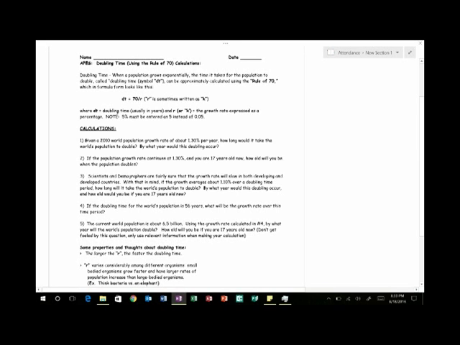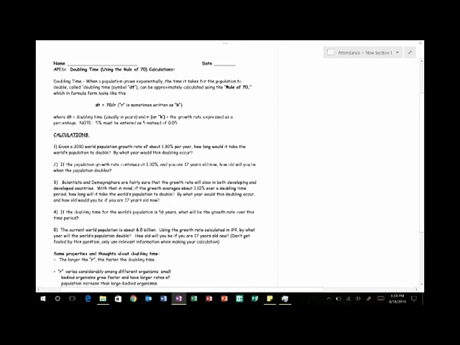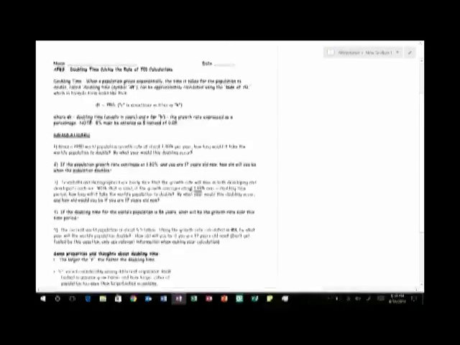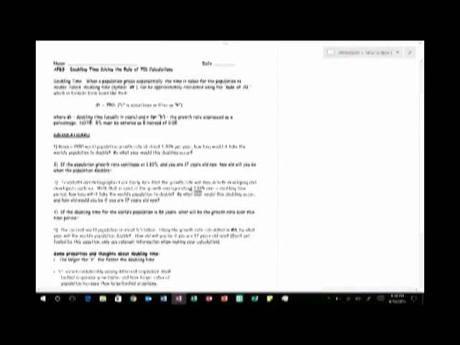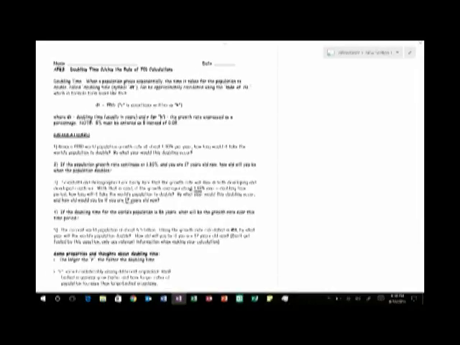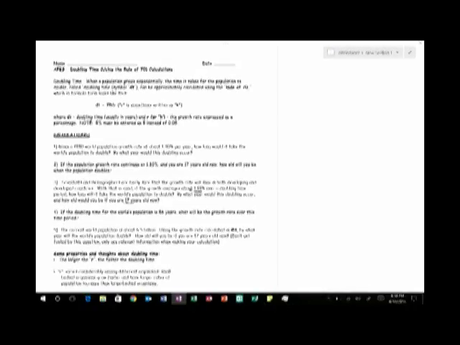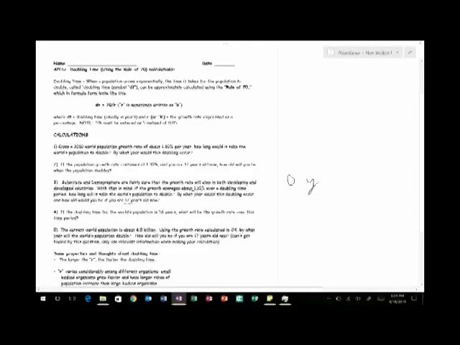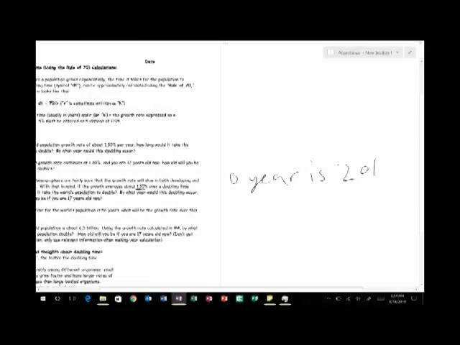So the first thing we're going to start off with is, what's the needed information? The given information is a 1.1% growth rate, and then you're 17 years old again, and now there's implied information that the 0 year, or the starting year, is 2010.